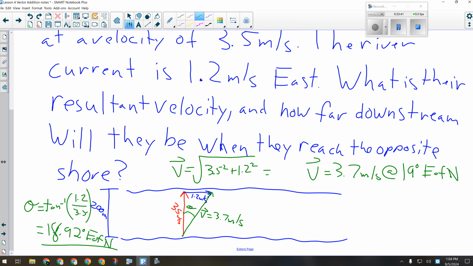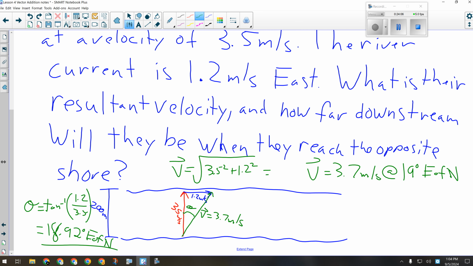So I know I'm going to go 200 meters at 3.5 meters per second. Are you following me there? So I have D and I have V, right? So I can find T. I can figure out how long it takes to go across the river.